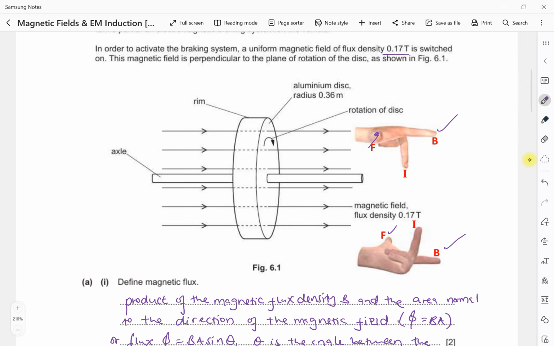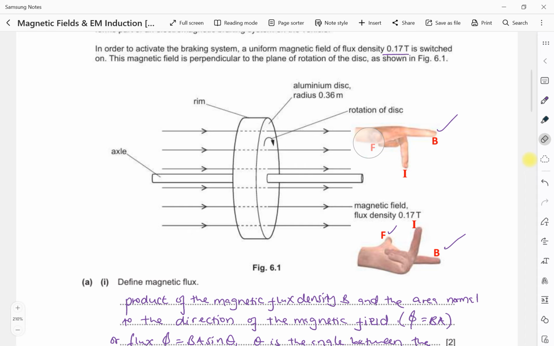So if the rim is rotating clockwise, as shown by this arrow here, the force according to Lenz's law must act counterclockwise. And remember, by Fleming's left-hand rule, the thumb points in the direction of the force and the first finger points in the direction of the magnetic field.